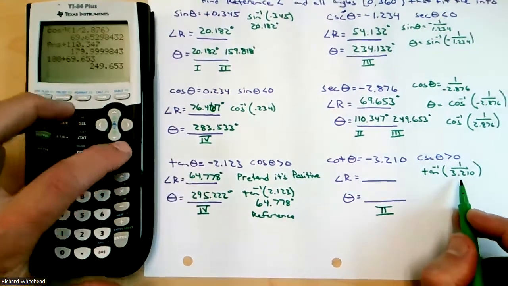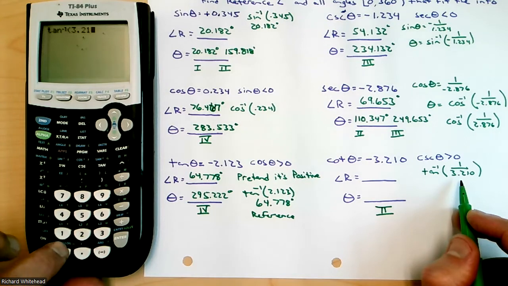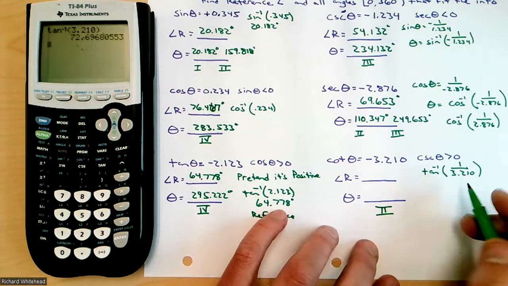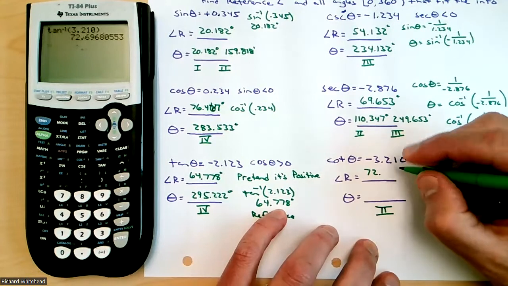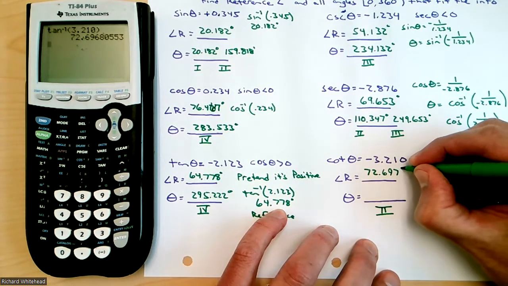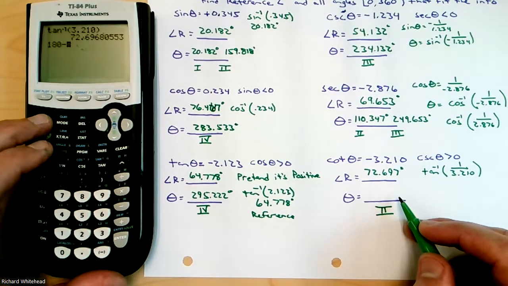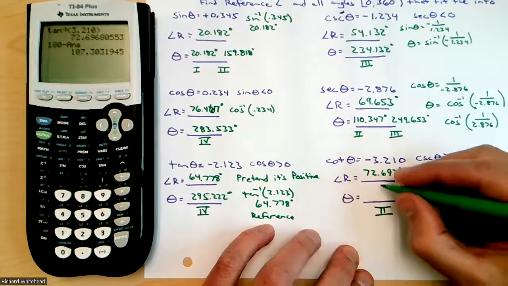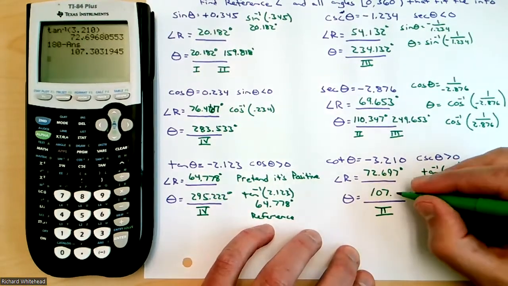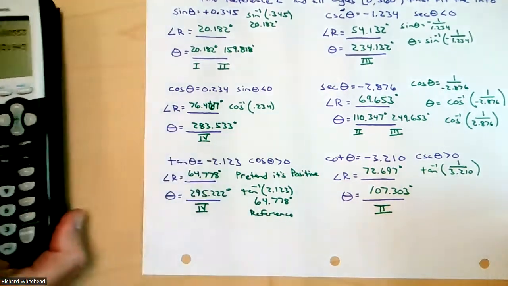So when I do inverse tan 3.210, that makes my reference 72.697. The second quadrant is going to be 180 minus my answer, so 107.303.